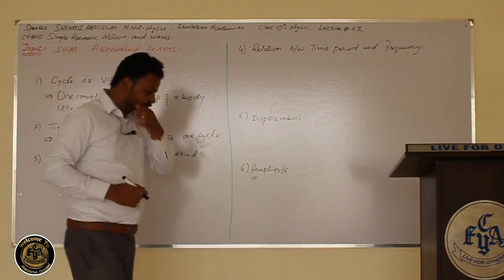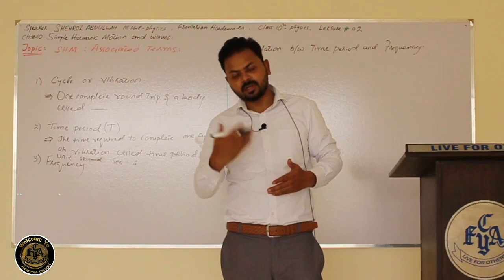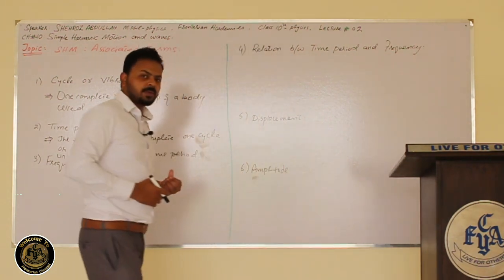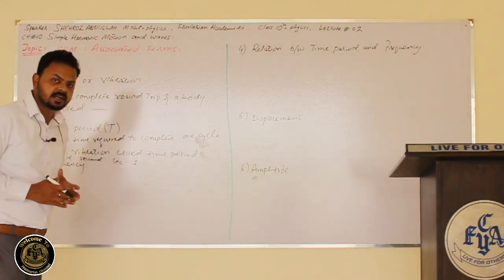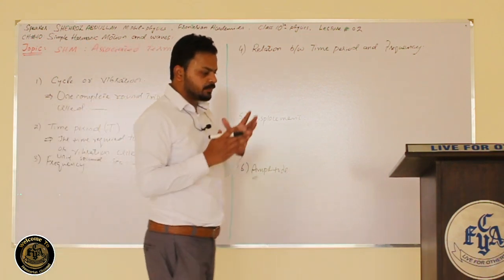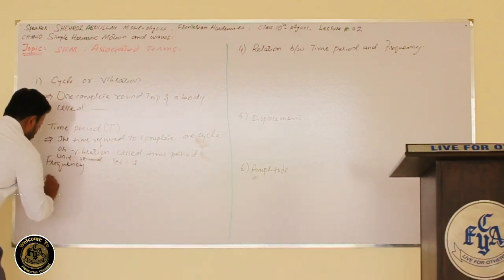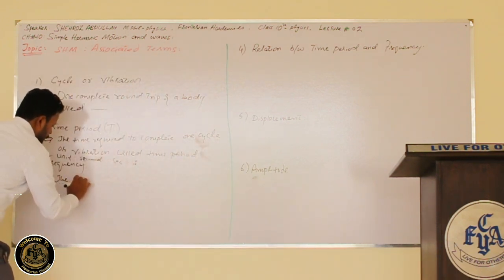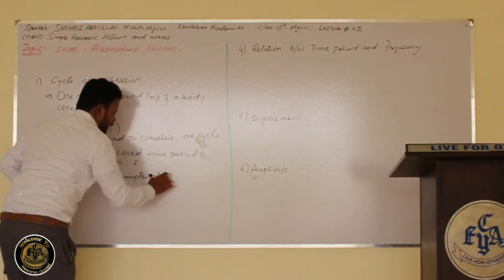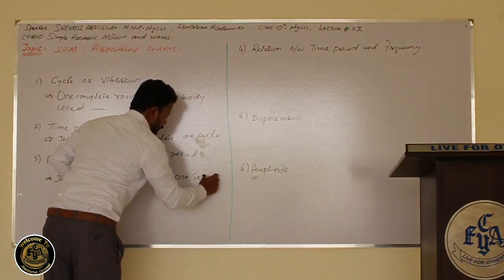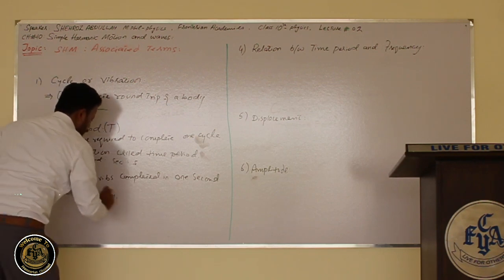Now, what is frequency? Frequency means how many vibrations are completed in 1 second. In other words, the number of vibrations completed in 1 second. Wherever you hear the word frequency, understand that it means how many vibrations have been completed in 1 second. The number of vibrations completed in 1 second is known as frequency.